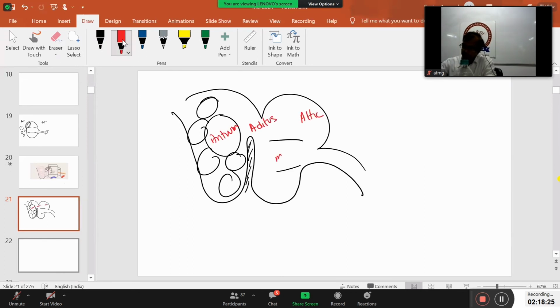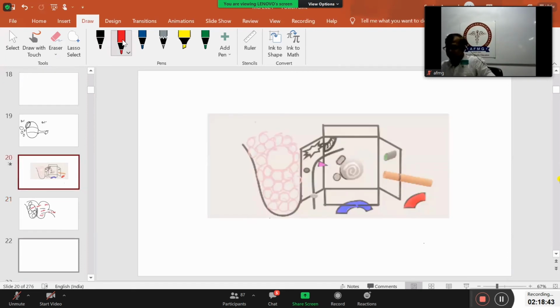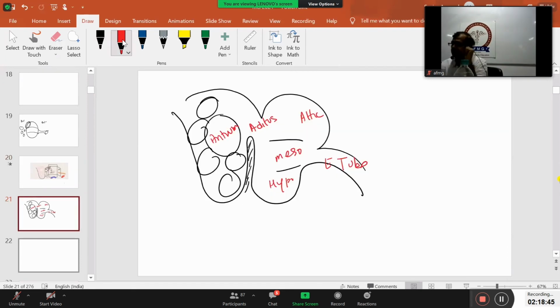This is attic. This is mesotympanum. This is hypotympanum. This is Eustachian tube. So this is another way of showing the relation of the middle ear to the mastoid. So this is correct. This one is better than the previous one.